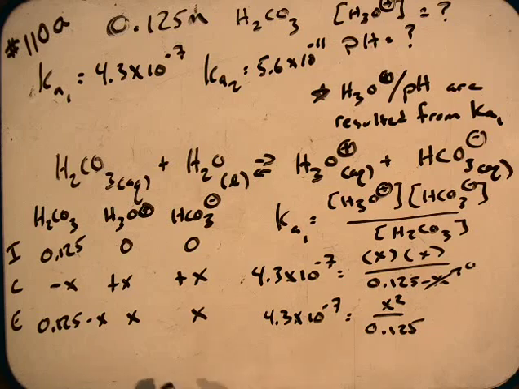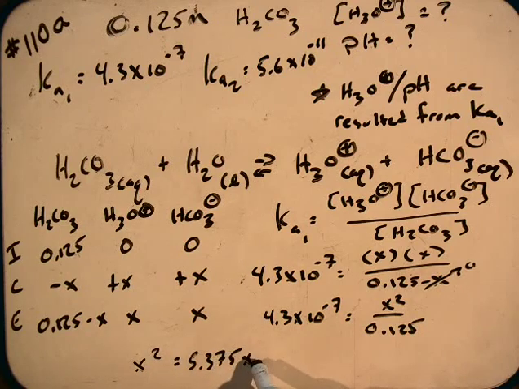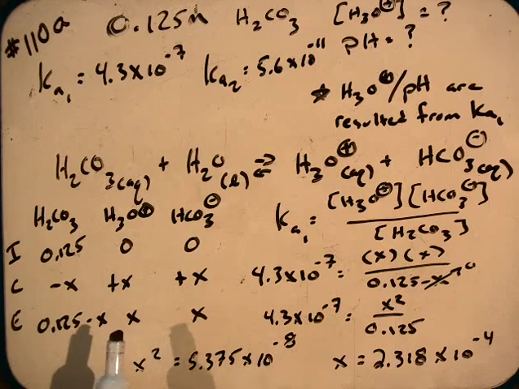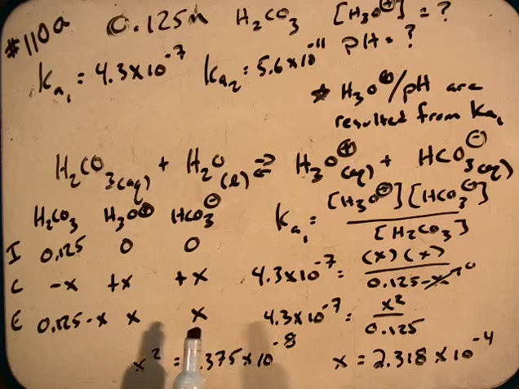We would get our x squared equal to 5.375 times 10 to the negative 8th, or x equal to 2.318 times 10 to the negative 4th. So that's x, and remember, x is going to be equal to our H3O plus concentration as well as our HCO3 minus concentration. And we should also check that that assumption is valid.